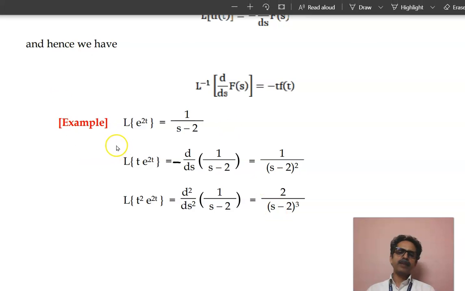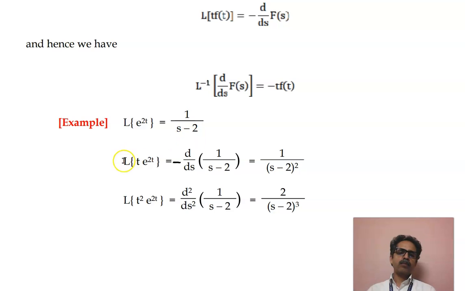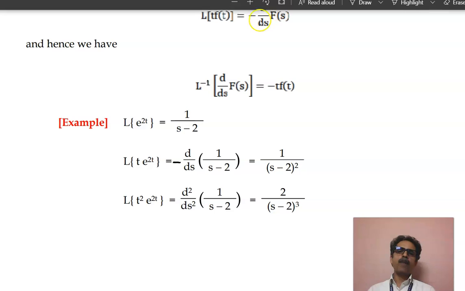Let's see now an example. We know Laplace of e raised to 2t is 1 upon s minus 2. Now applying this theorem, that is the multiplication by t theorem, we can say that Laplace of t into e raised to 2t is equal to minus d upon ds of F of s.